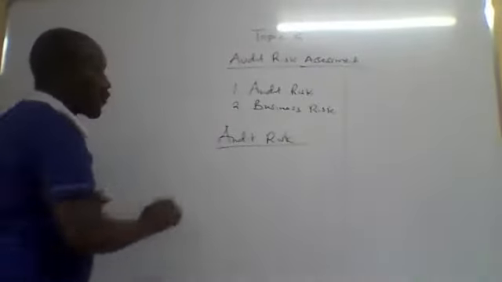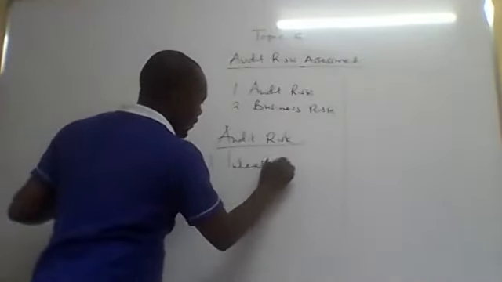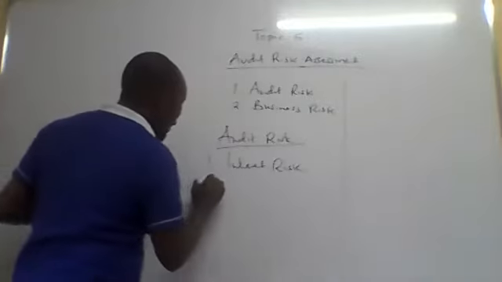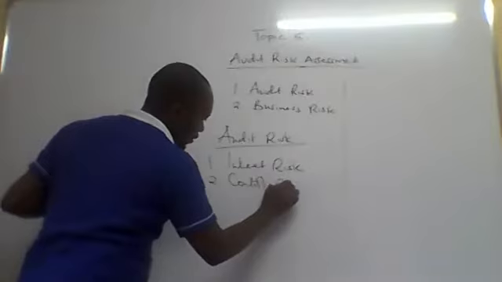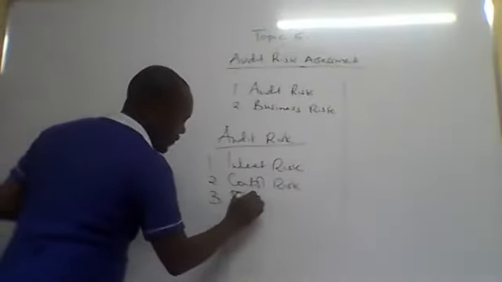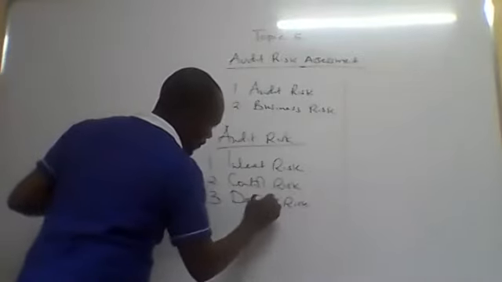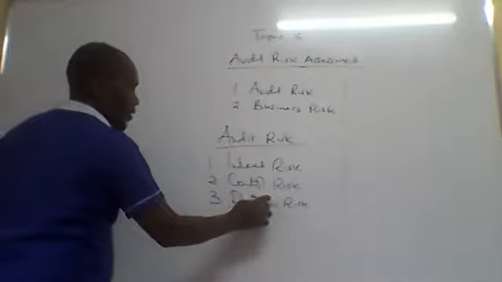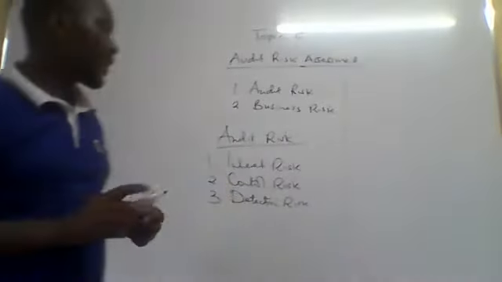Under audit risk, we have number one, inherent risk. We have control risk. And then we have reputational risk. These are the types of risk that we have under audit risk.